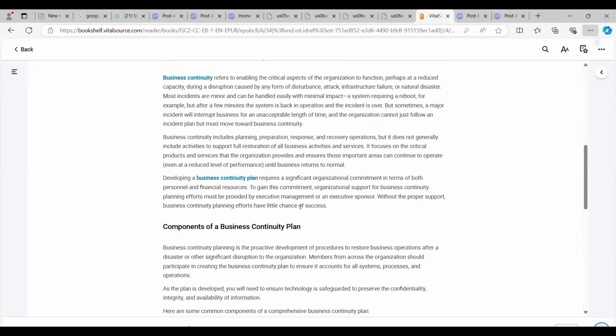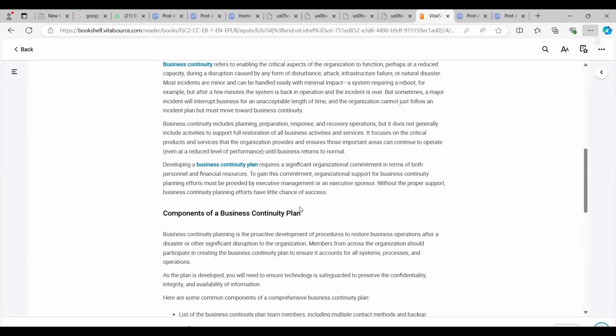But it does not generally include activities to support full restoration of all business activity and services. It focuses on the critical products and services that the organization provides and ensures those important areas can continue to operate even at a reduced level of performance until business returns to normal. That's the goal. Even if there is an incident, we still want to continue doing our business.